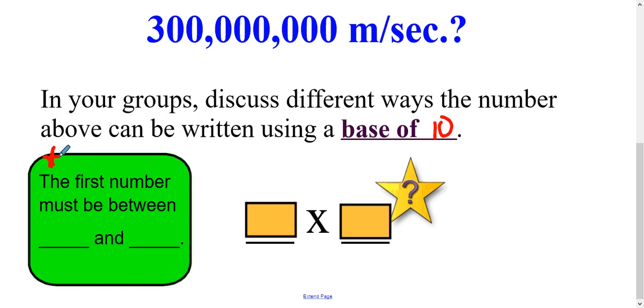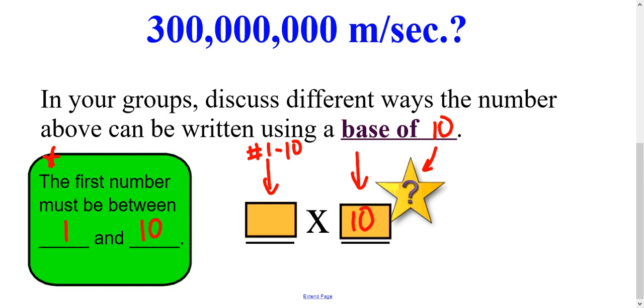The first number must be between 1 and 10 to be in scientific notation. This number right here is a base number of 10 all the time. And this number here is an exponent.